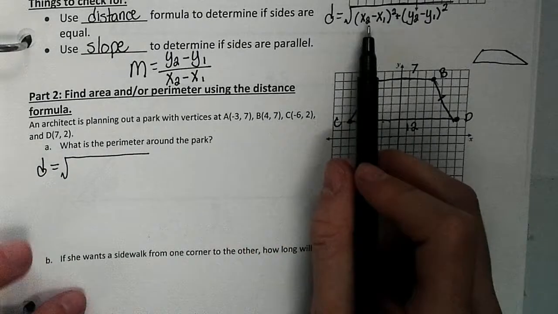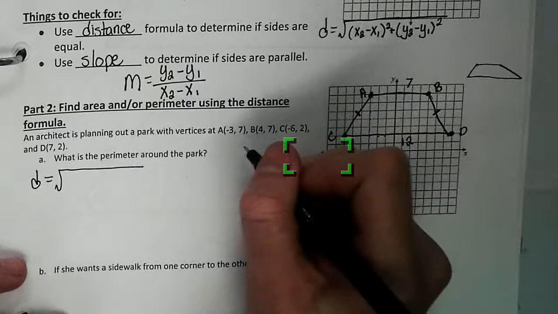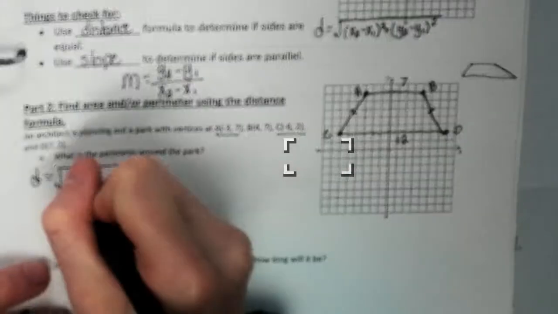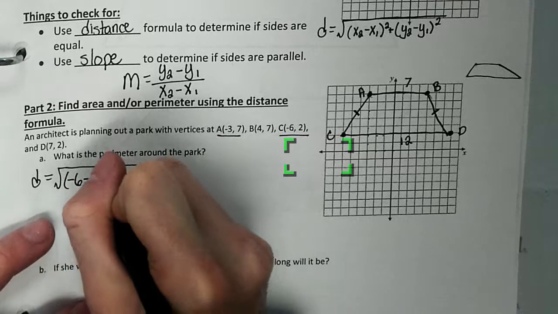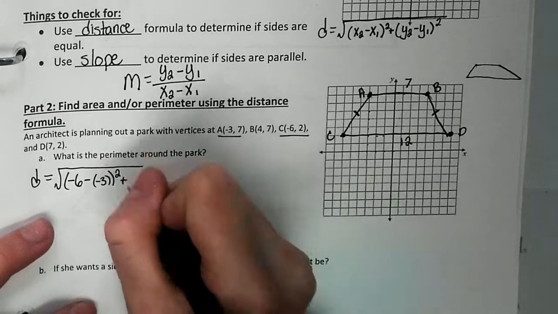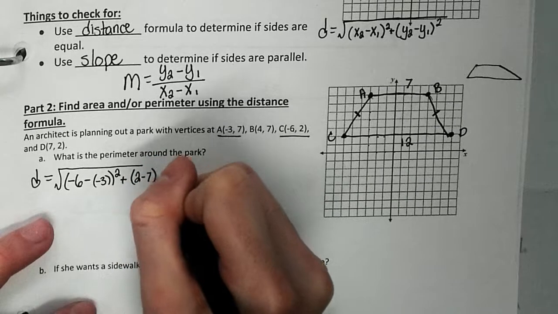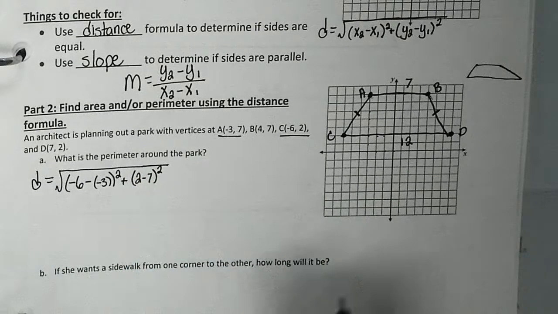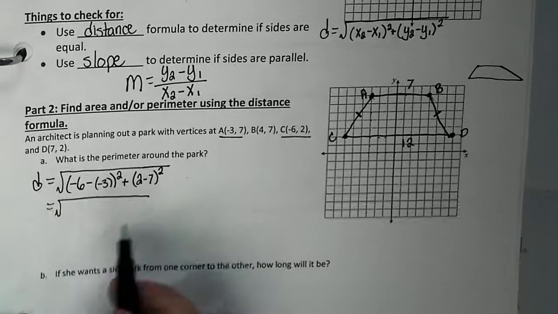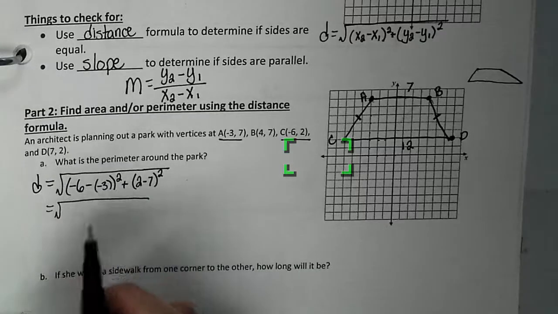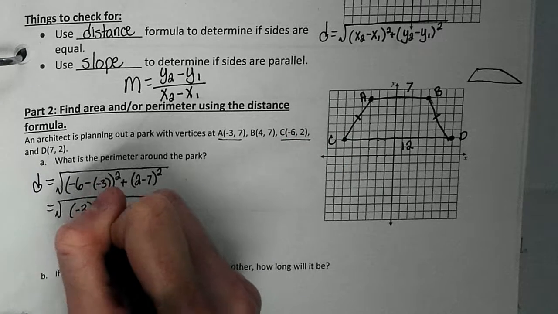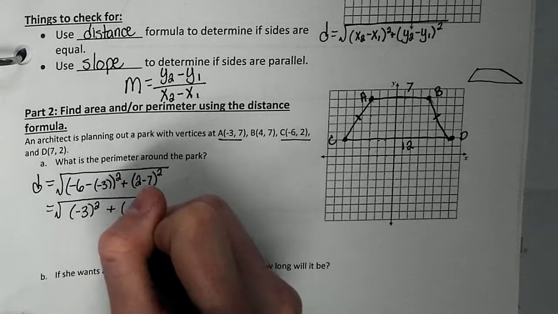So I'm going to do x2 minus x1 with A to C. So -6 minus -3 squared plus y2 minus y1, 2 minus 7 squared. -6 plus 3 is -3. And then that's going to be -5.